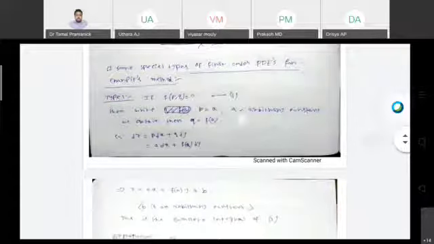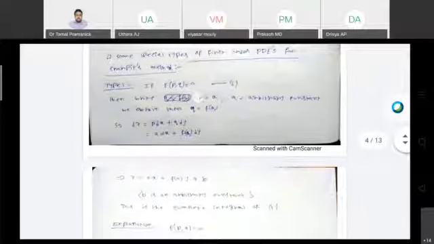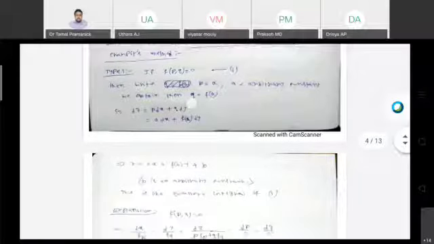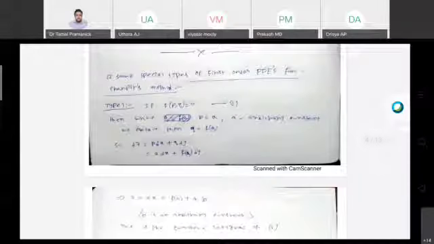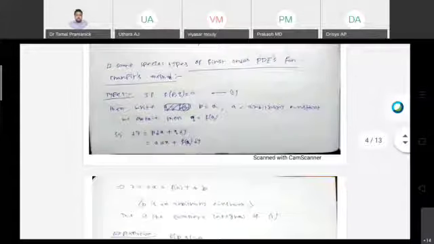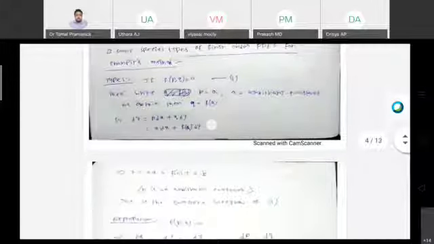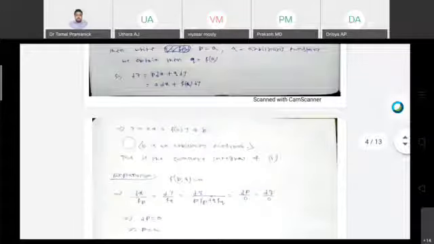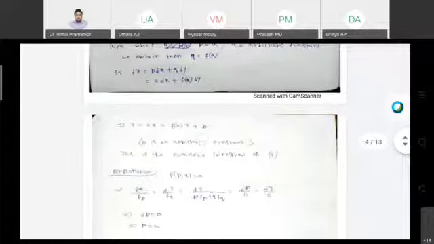If you put p equal to a here, you will get q in terms of a, because everything can be transferred to the right. So q equal to f(a). So dz equal to p dx plus q dy, that is a dx plus f(a) dy. After integration you will get z equal to ax plus f(a)y plus b, where b is a constant.